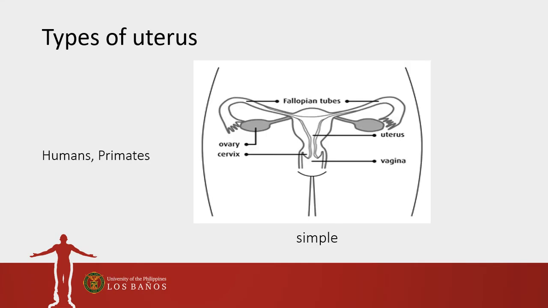4 types of uterus are generally recognized among placentals based on the relationship of the uterine horns or the branches. Higher primates have a simplex uterus in which there is no separation between the horns and thus form a single chamber. A duplex uterus characterizes most rodents.